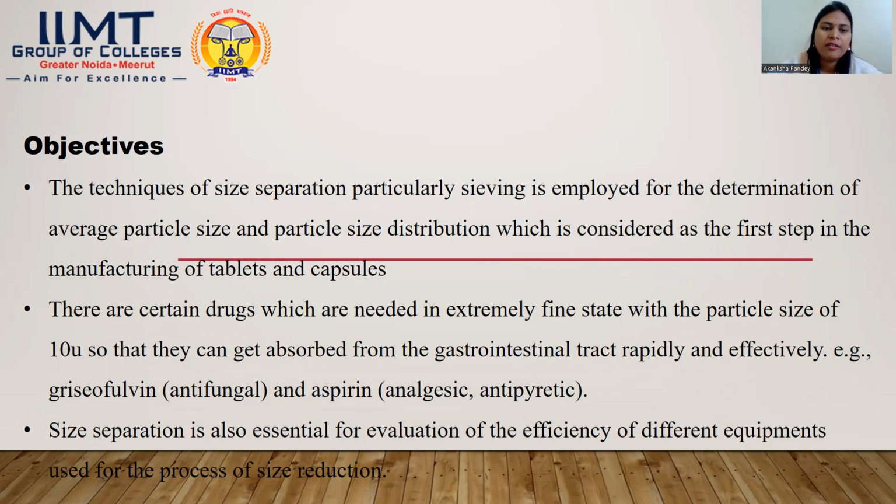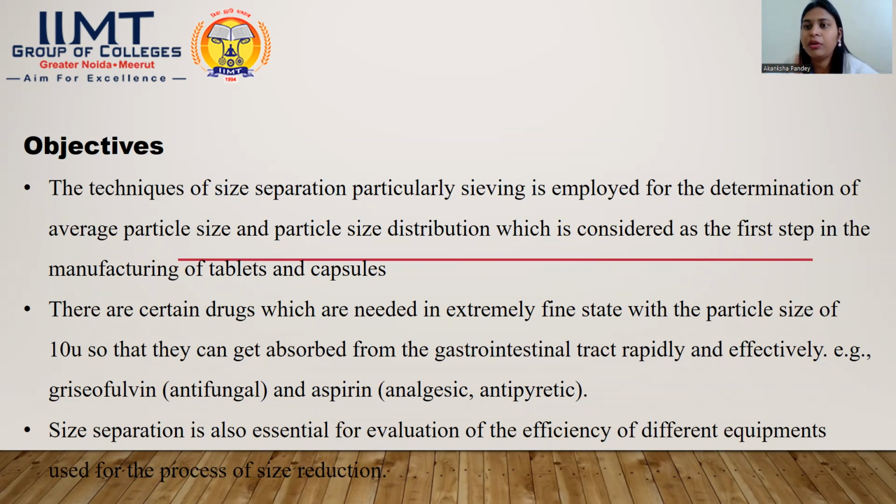There are certain drugs which are needed in an extremely fine state, with a particle size of around 10 microns, so that they can be absorbed. Why do we need the finest particle size? This is the biggest question. Finest particle size has a tendency to get absorbed rapidly in our circulatory system.